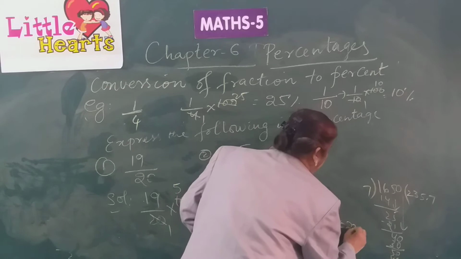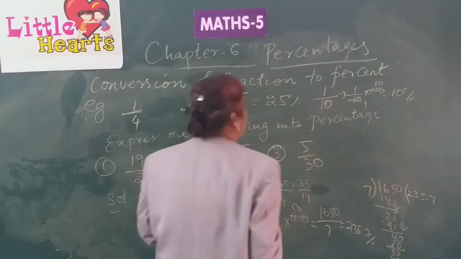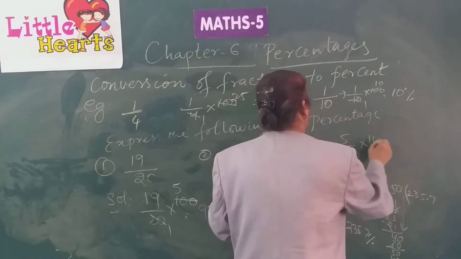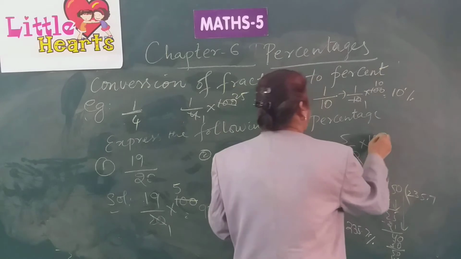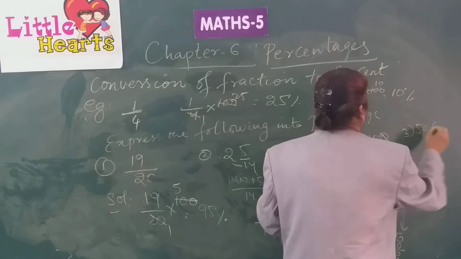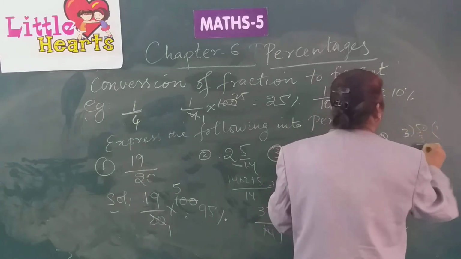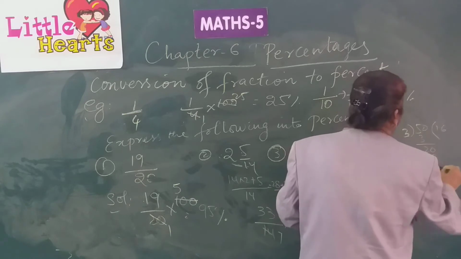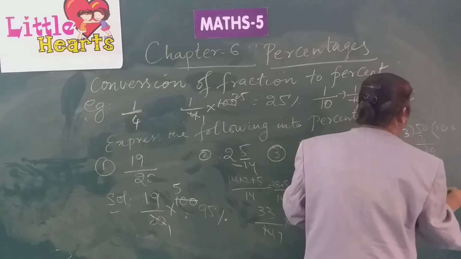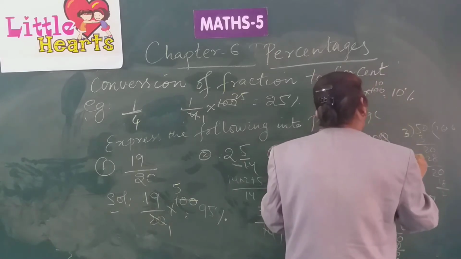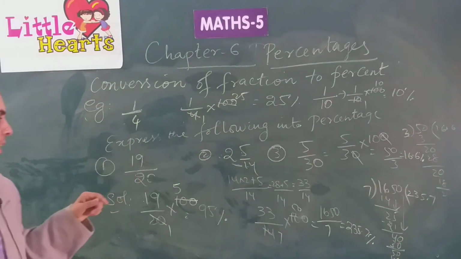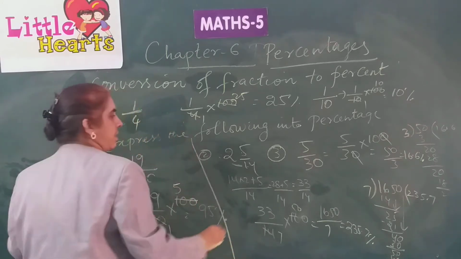The answer is 235.7%. And 5 by 30, that is equal to 5 by 30 into 100. The zeros get cancelled. 50 by 3. 50 divided by 3. 3 1s are 3, 20, 3 6s are 18, 2, put 0 and put a decimal, 6, 3 6s are 18, 2. So this is 16.6%. In this way, a fraction can be converted into percent.